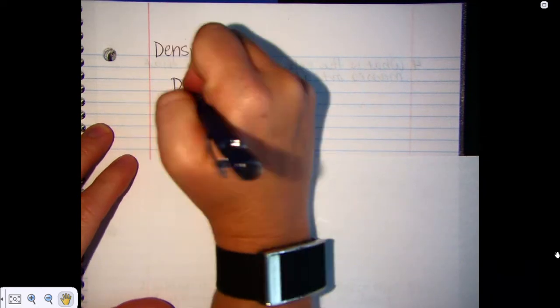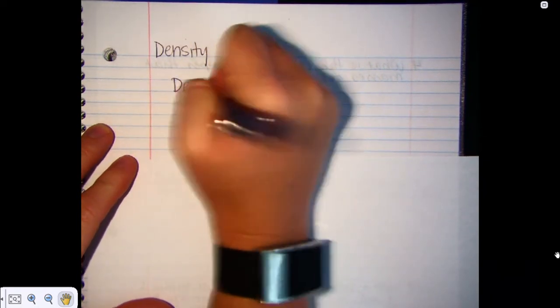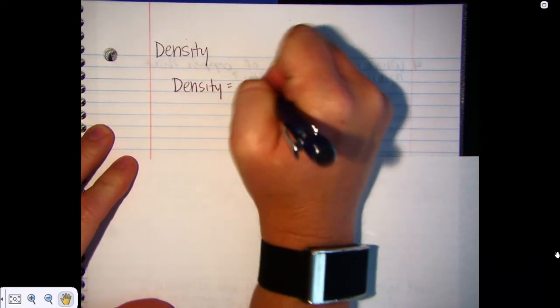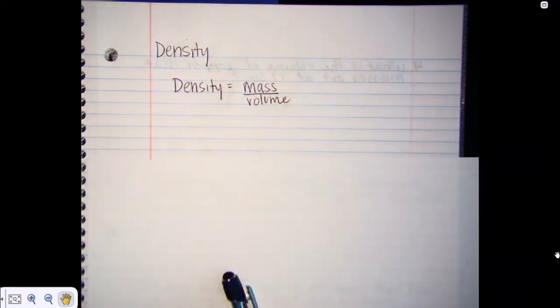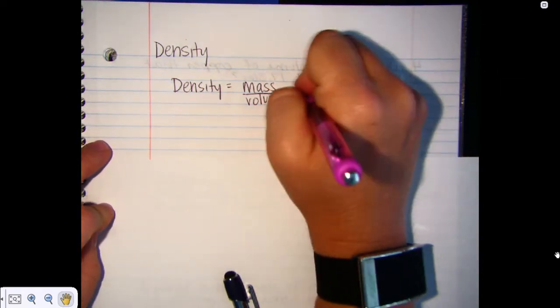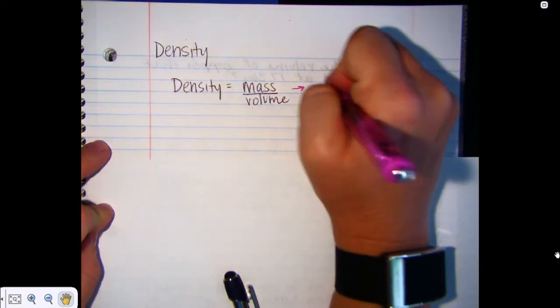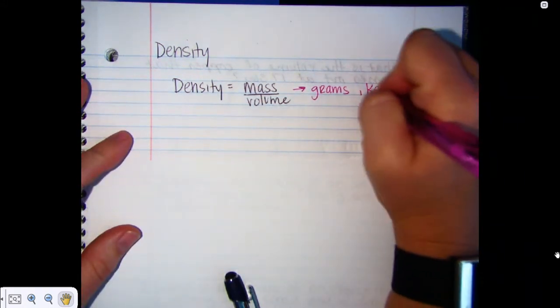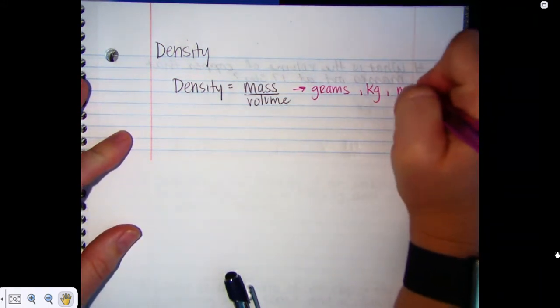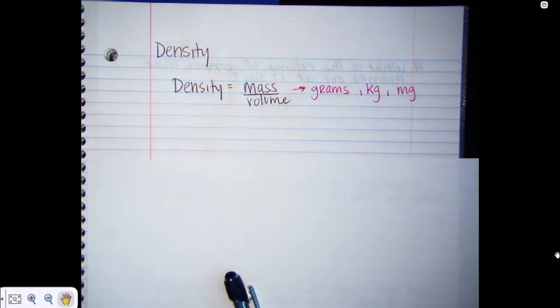So our formula for density is density equals mass over volume. So that means when calculating it, you're going to have some unit of mass. So we're going to have grams most often, but you can also see it in kilograms or milligrams, two of the more common variations.